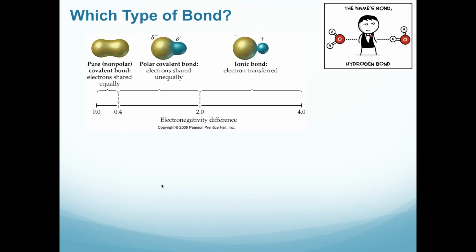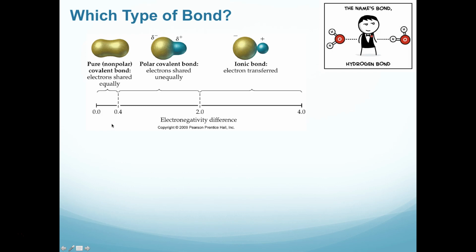So I just want to quickly review the types of bonding we have. And remember that the difference in electronegativity between two atoms in a chemical bond is going to tell us what type of bonding we have. So if we have a very small difference in electronegativity between those atoms, we're going to have just pure nonpolar covalent bonding.